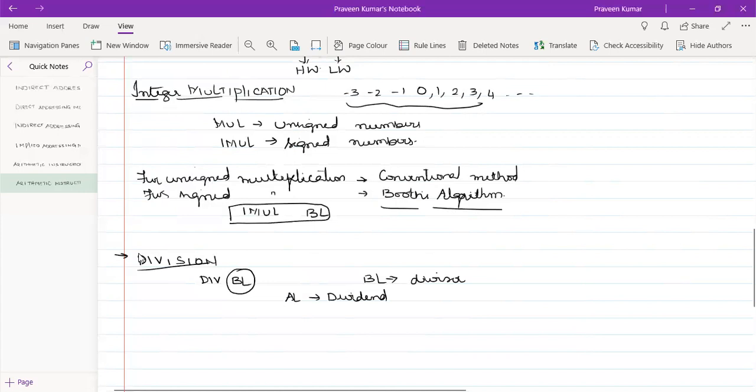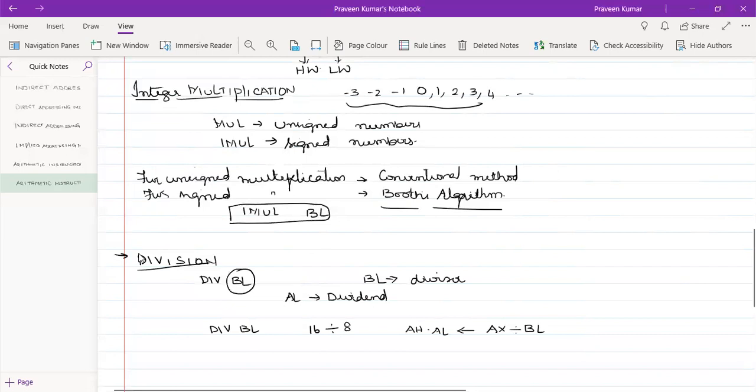So if I say div BL, the number is 16 bits divided by 8 bits. It does the operation upon the 16-bit AX register divided by BL, and the result will be stored in AH and AL.